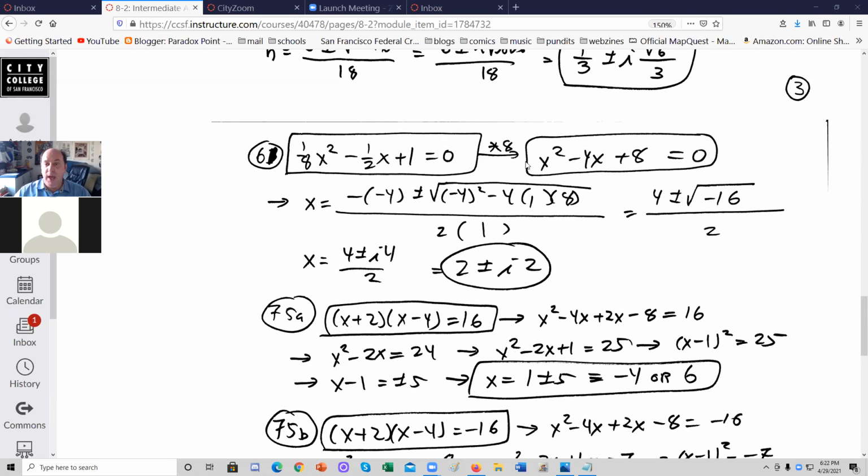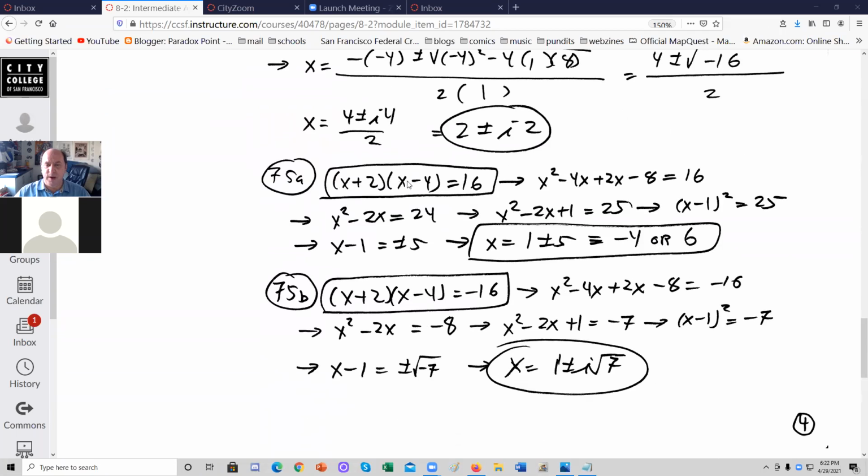Simple enough. a is 1, so here and here, 1. b is negative 4, so negative 4 here and here. c is 8, so an 8 here. x is minus negative 4 plus or minus root negative 4 squared minus 4 times 1 times 8 over twice 1. This thing in here calculates out to negative 16. So 4 plus or minus root negative 16 over 2. The square root of negative 16 is i times 4. So x is 4 plus or minus i times 4 over 2. Dividing real and imaginary parts by this 2, you get x equals 2 plus or minus i times 2.